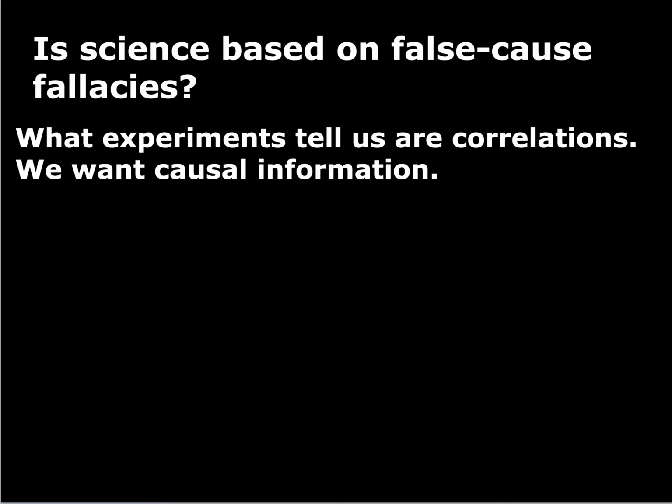Or let's say this drug and not getting cancer, or whatever. But the experiment tells you that there's a correlation. But what we want is causal information. I want to know, does this drug cause cancer, or does this drug prevent cancer? I don't want to just know correlational data. I want to know causal things. But all experiments tell us, for the most part, I'll get to this later, is correlational data.